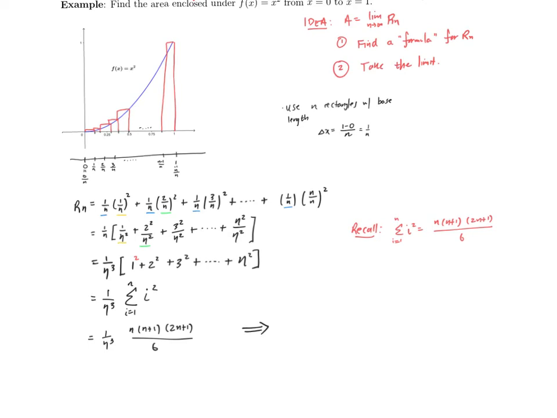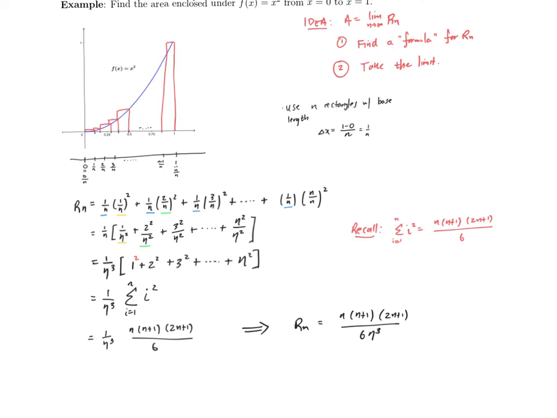So what we have learned is that R sub n, the right-hand approximation to the area enclosed underneath this curve x squared from 0 to 1 using n approximating rectangles, is the quantity n times n plus 1 times 2n plus 1 all over 6 n cubed. And we're to the last step.